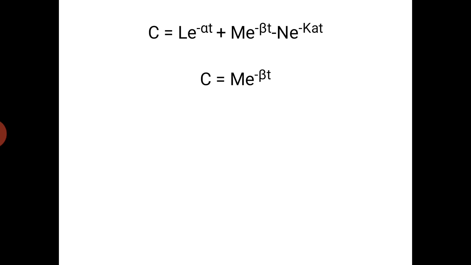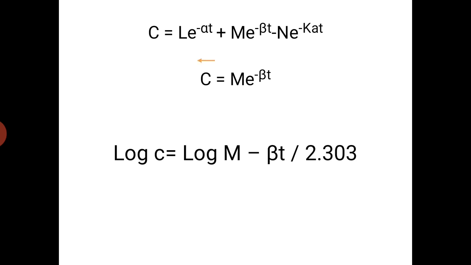Finally, in the terminal portion of the line, at the end of the process, there is only elimination. So the terms L, M and N become negligible. Finally, C is equal to M raised to minus beta t. Taking the logarithm, log C is equal to log M minus beta t divided by 2.303.